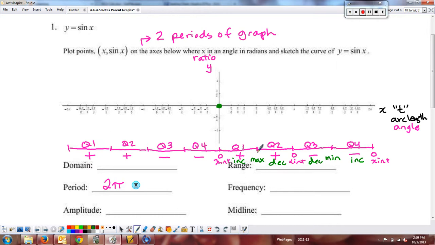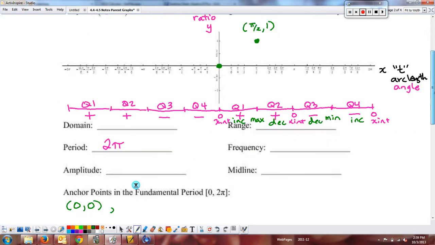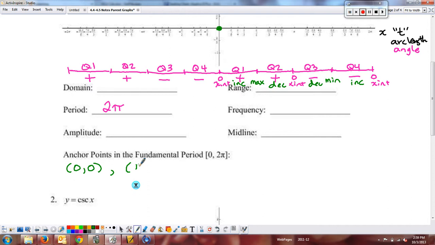We'll put some points in a second, but then I hit this max point at pi over 2. So pi over 2 had a ratio of 1. So this point is going to be pi over 2 as your input, and your output is your ratio. Input angle, output sine ratio. And so pi over 2, 1, let's add that to our list.